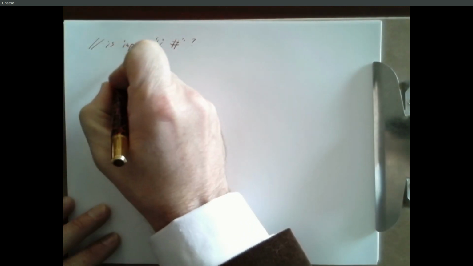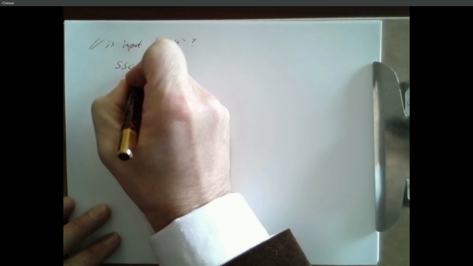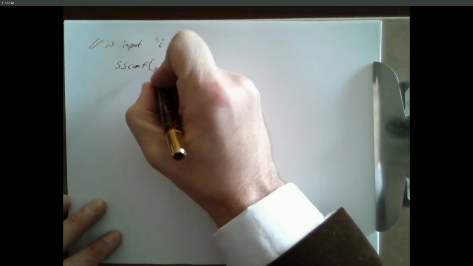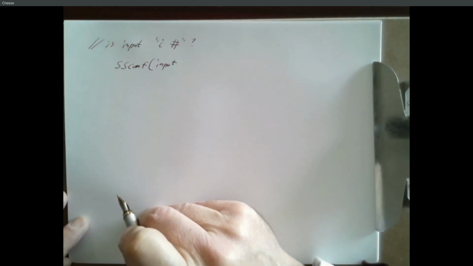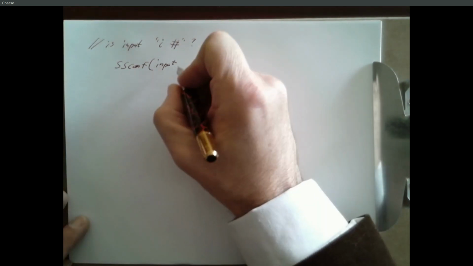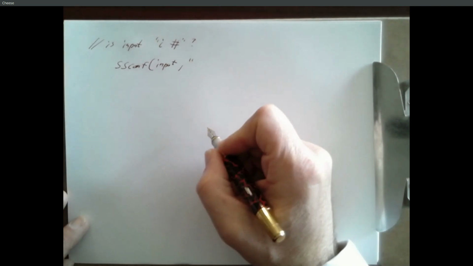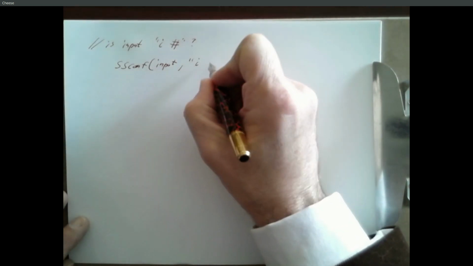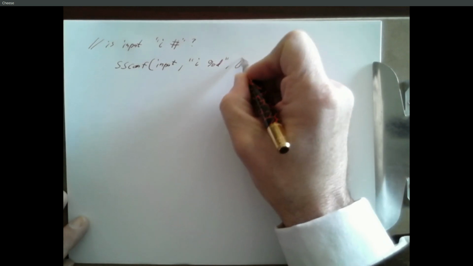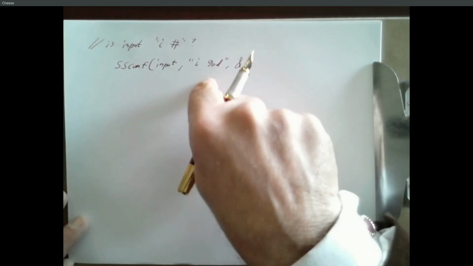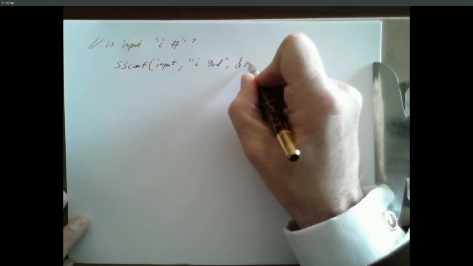Well, scanf, put in the string. I'm assuming our input was stored in an array called input. So put in the string you're looking for. Put in the pattern you want it to match. In this case, it's I followed by a space followed by a %d. And give it the address of a variable to store this number in.